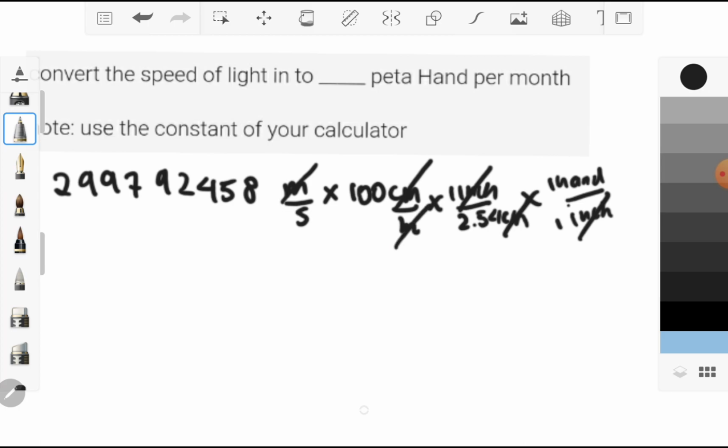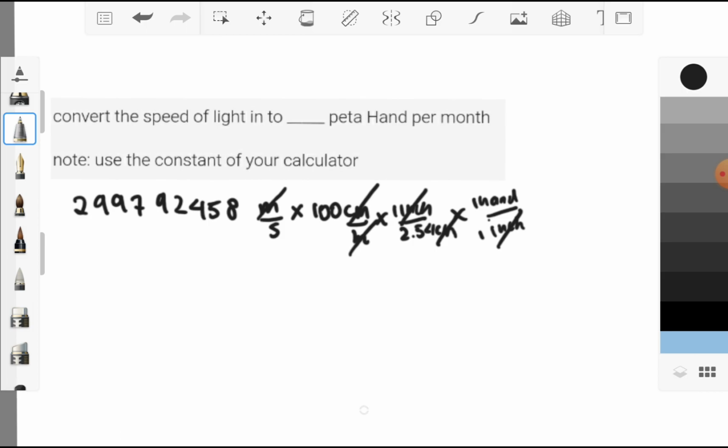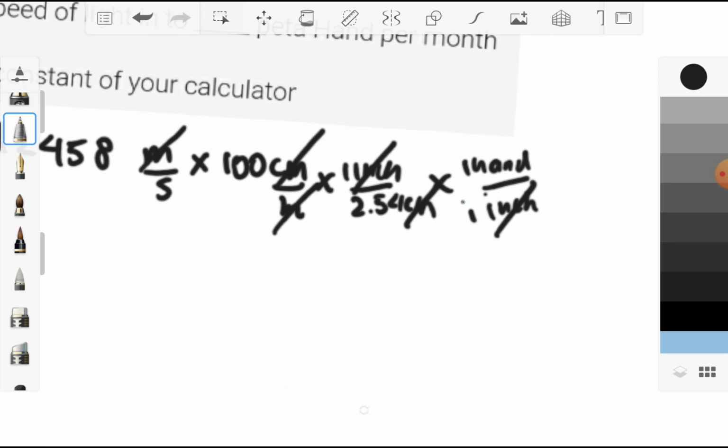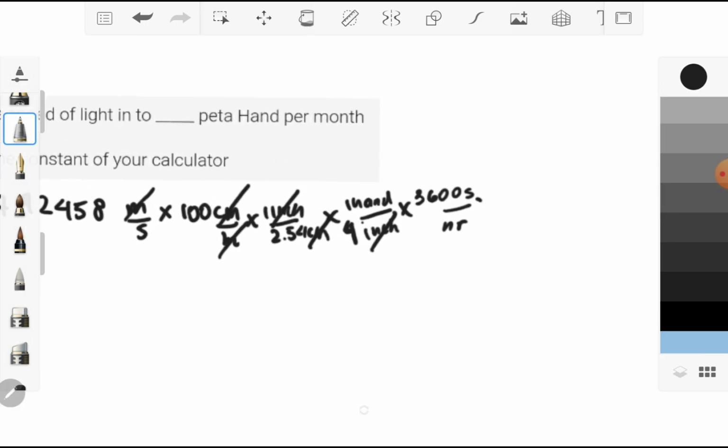Makakancel yung meter. Matitira is seconds. Okay? 1 hand per second. Take note that in 1 hand there are 4 inches actually. 4 inches per hand. Okay? In hour, seconds, so there are 3,600 seconds per hour, and then we have 24 hours per day, and we have an average of 30 days a month.